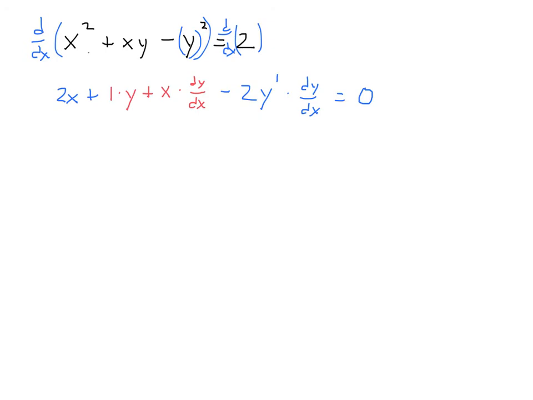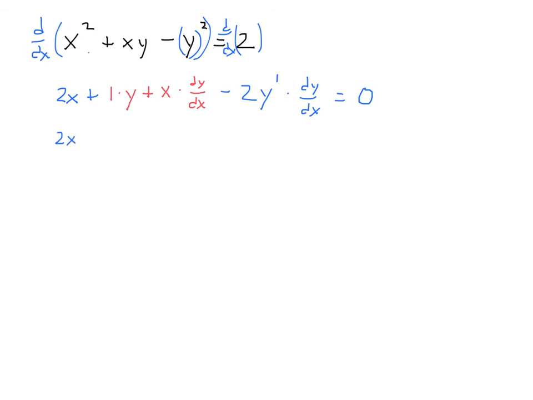So if you remember, our job at this point is to get everything that has a dy/dx on the left-hand side, everything without a dy/dx on the other. So at this point right here, I see just a couple of things that do not have a dy/dx, the 2x and the 1y, or just y if you want. So this piece over here, I'll rewrite it so it's simplified a little bit.